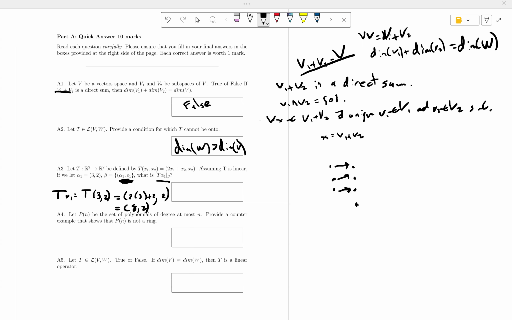So this is going to equal 1 times (3, 2) plus some multiple of (1, 0), which is going to be 5. So this means that my coordinates are (1, 5). That is the coordinate vector.